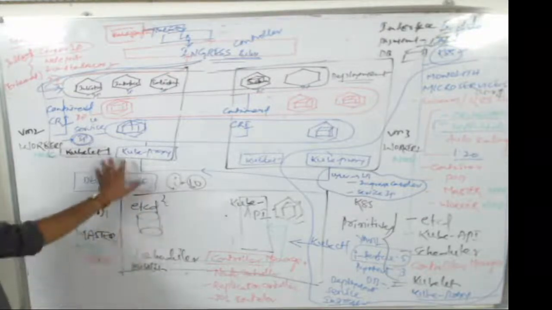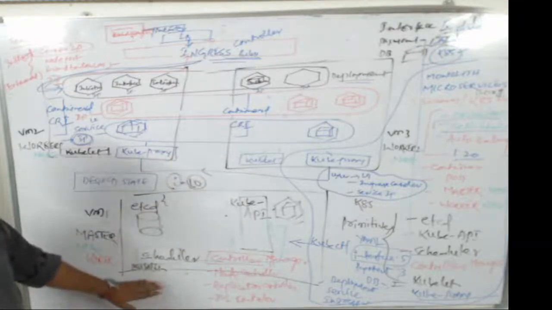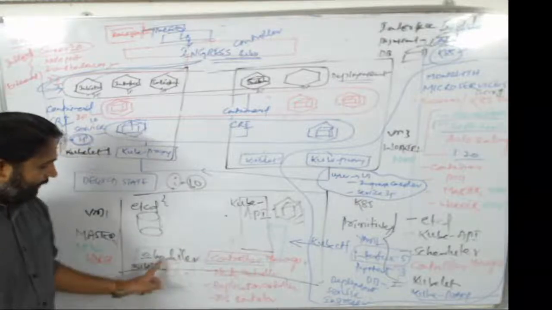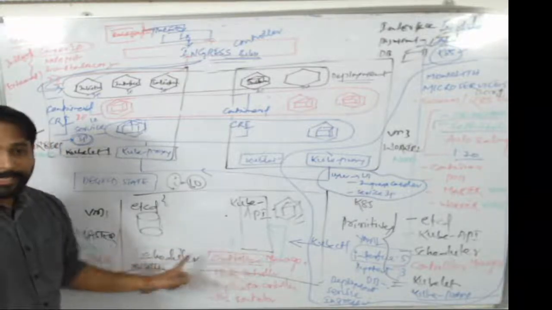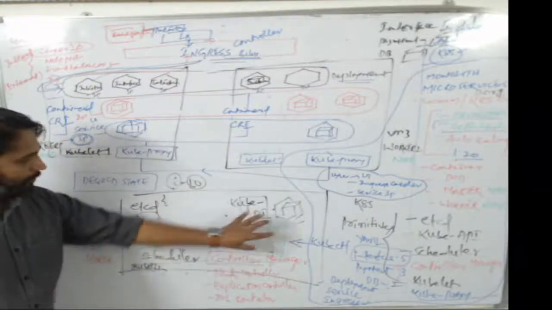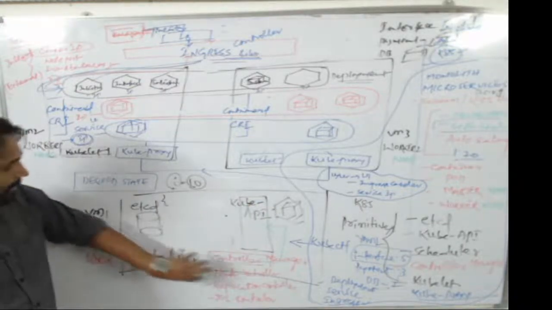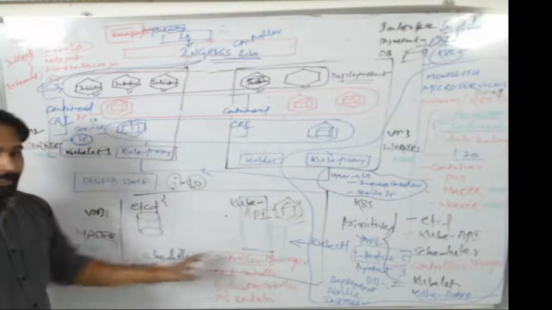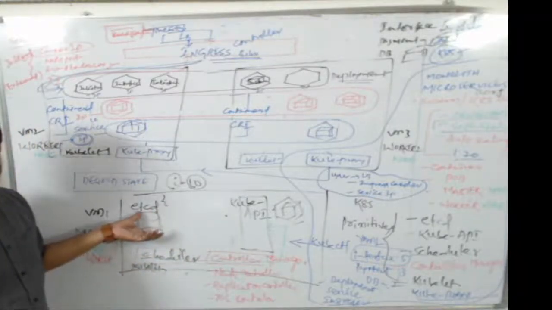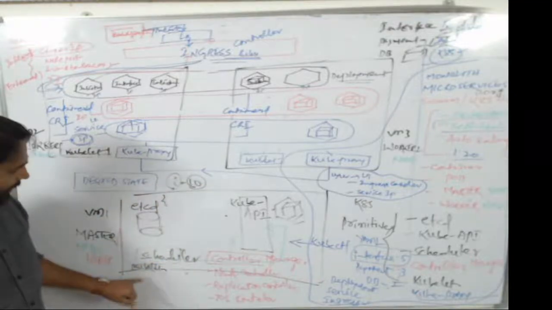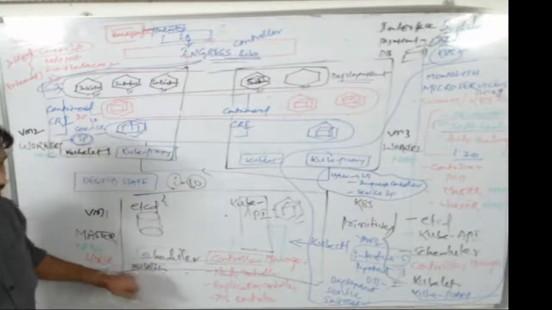So kubelet you have on all the workers as well as on the master, because these primitives, these softwares, are also designed as containers. So your API is in a container, your scheduler is in a container, your ETCD is also in a container. These containers also have to be started and stopped. That is also done by the same kubelet.